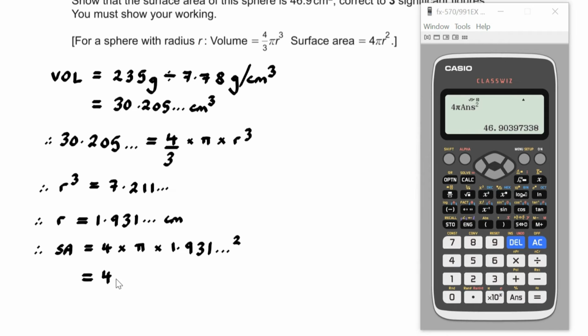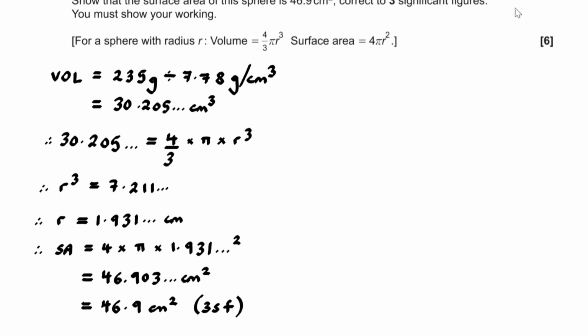It turns out we get 46.903 etc. centimeters squared, which to 3 significant figures is 46.9 centimeters squared. And that's exactly what we wanted to show.